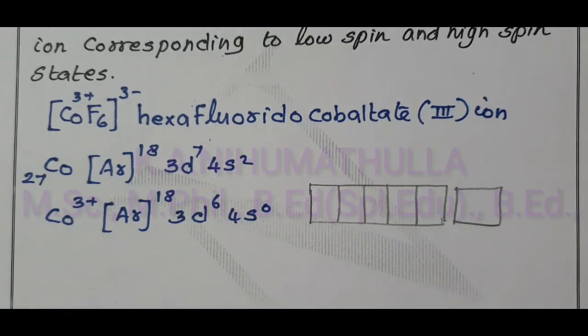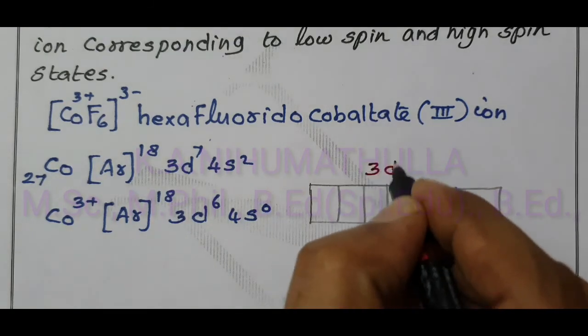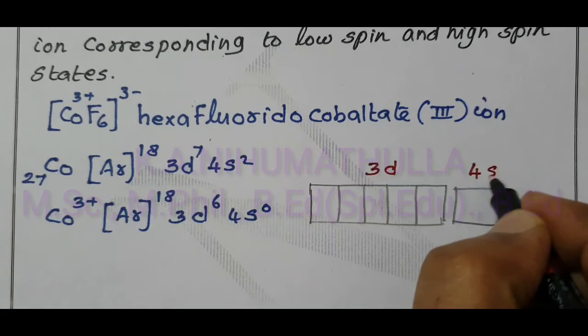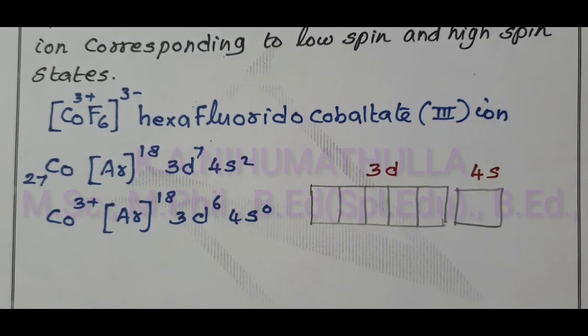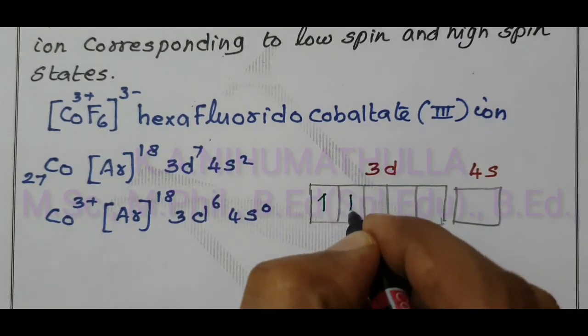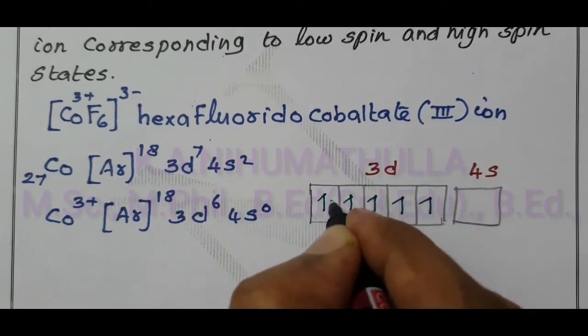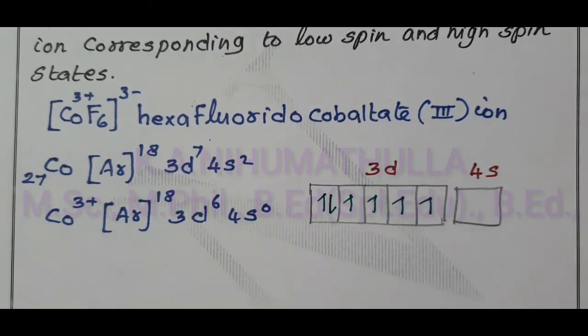There are 5 d orbitals, plus the 4s orbital. How many electrons do we have in 3d? 6 electrons: 1, 2, 3, 4, 5, 6. Remember, there is one pair of electrons in the isotropic field.